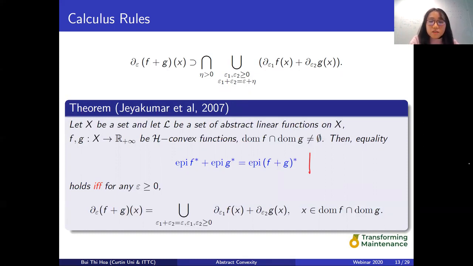If these conditions hold, this is equivalent to the condition that the equality holds. And this is even better, because we don't even need the term eta bigger than 0 here. We don't need the intersection; we can omit that and make eta equal to 0, which is a very strong calculus rule.